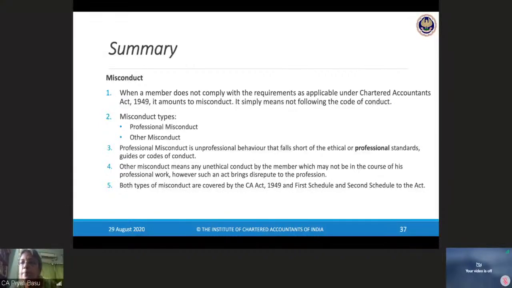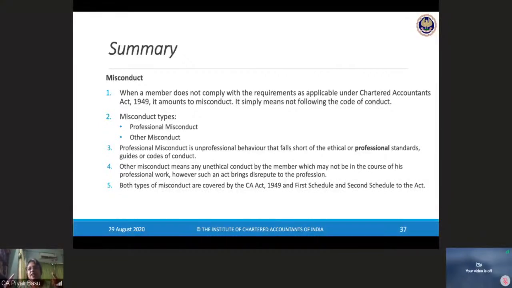So misconduct types: professional misconduct and other misconduct. Where is professional misconduct given? You remember, both in the first schedule and the second schedule. Part 1, part 2, part 3 of first schedule and part 1 and part 2 of second schedule talk about the professional misconduct.